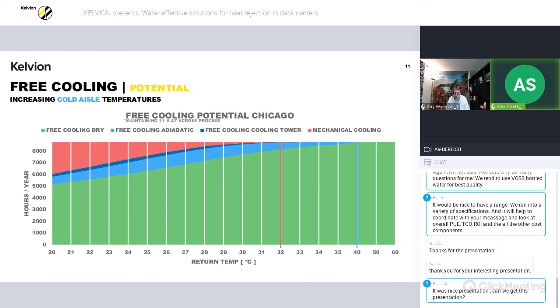I can only speak from the heat rejection side, or from the heat exchanger particularly. I don't know what impact this has elsewhere in the data center, but any way that you can increase your process fluid temperature profile, you have more opportunity for free cooling. If you had, for the sake of argument, 80 degrees in and 70 degrees out, you're going to free cool pretty much no matter where you are.